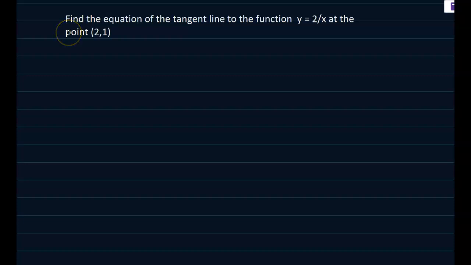So let's do this. The first thing we need to do before finding the equation of a tangent line is to find the slope of the tangent line. From a previous video, we talked about using the limit statement for the function.